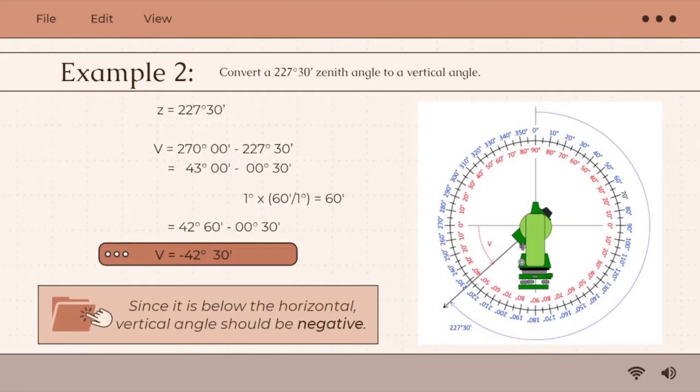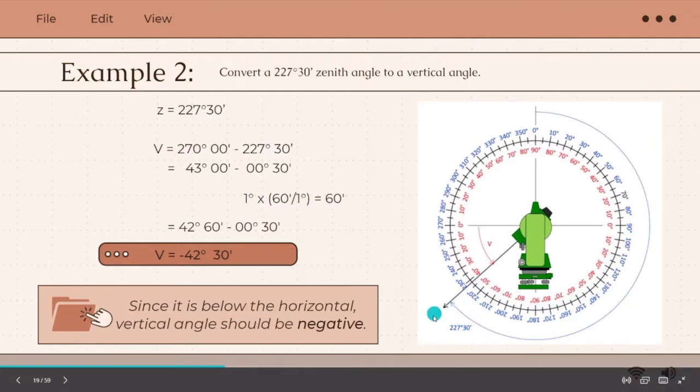So moving on to the next example, we have to convert a 227-degree 30-minute zenith angle to a vertical angle. And again, to help us solve the vertical angle, a sketch will be utilized to solve the problem. So this is our sketch right over here, and our given angle is at this portion of the circle.